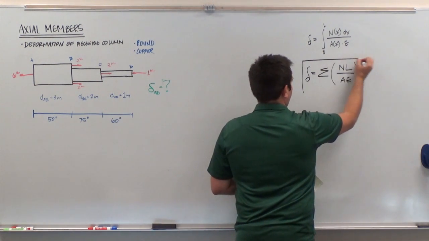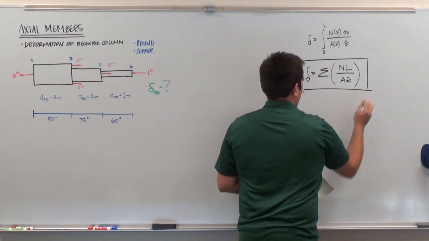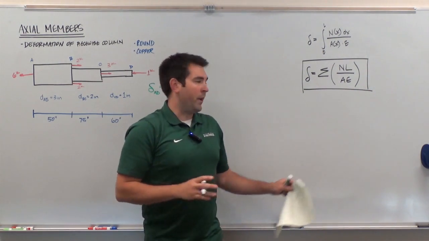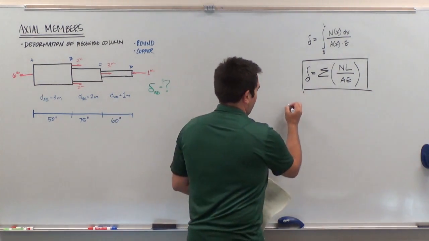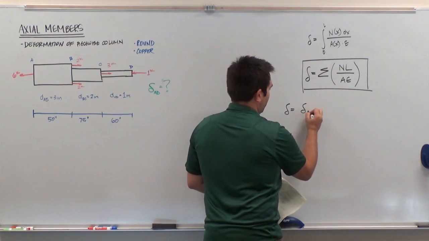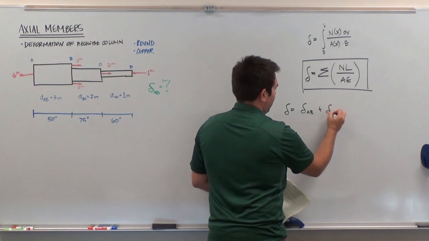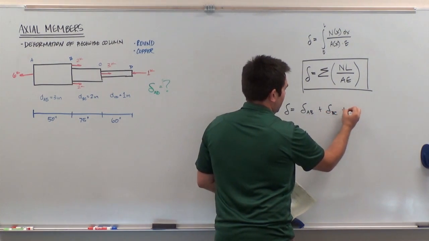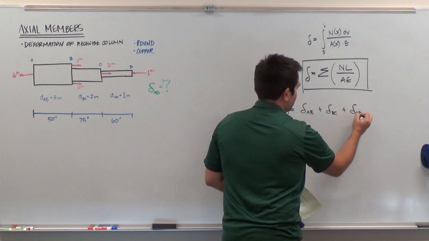This is the equation that we're going to want to use. And so just to break it down and make it a little bit easier to understand, the overall deformation will be equal to the deformation of member AB plus the deformation of member BC plus the deformation of member CD.